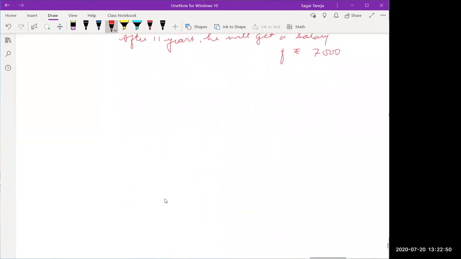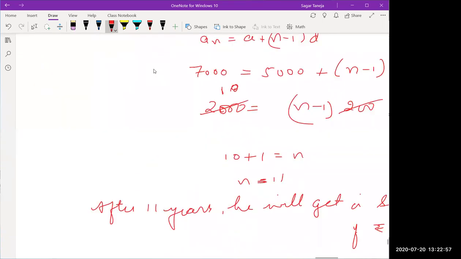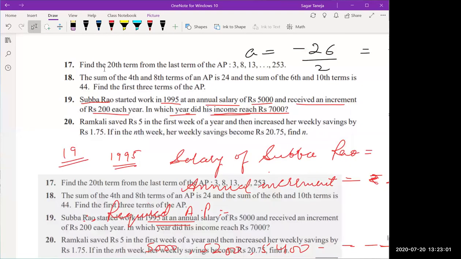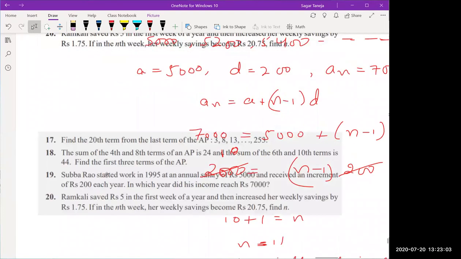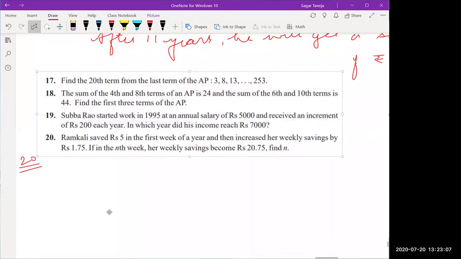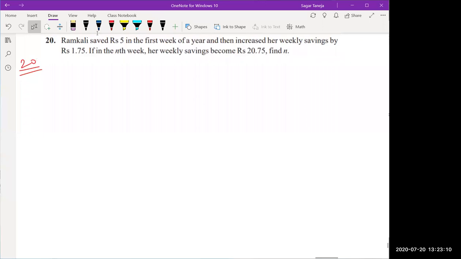Next, 20th. And the 20th question says that Ramkali.